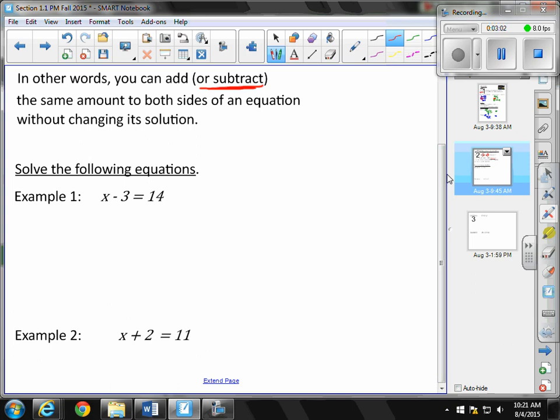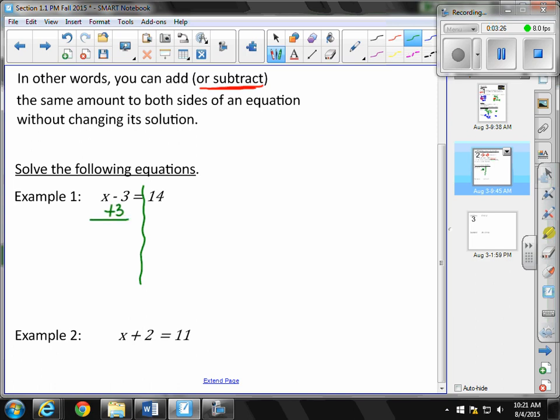x minus 3 equals 14. The first thing I want you to recognize is that the equal sign divides my equation into two sides, what's on the left and what's on the right of that equal sign. Now, I only have one x in my equation. I want to get that by itself. That's always our goal, get the x by itself. So here I have x minus 3.